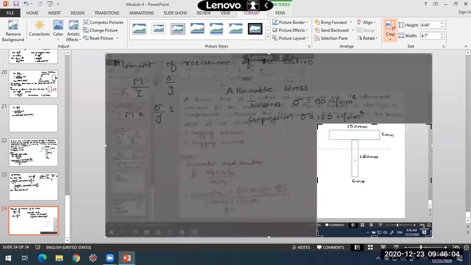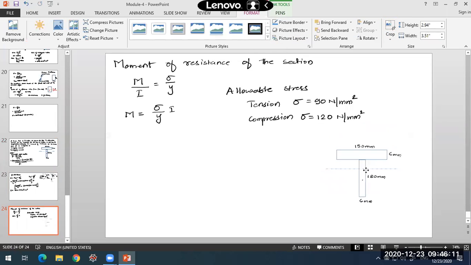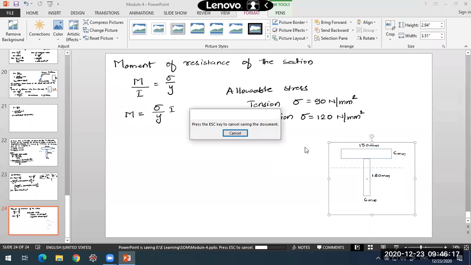In a rectangle section, what we had taken earlier, they were at the same distances, d by 2. Here, that will not happen. If you look at this section, y bar from top end is 53.72. Distance of bottommost fiber will not be the same as topmost fiber.